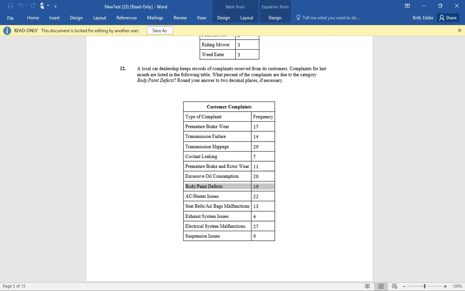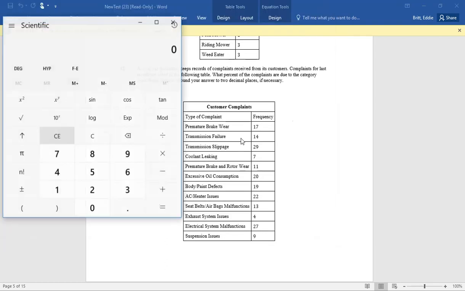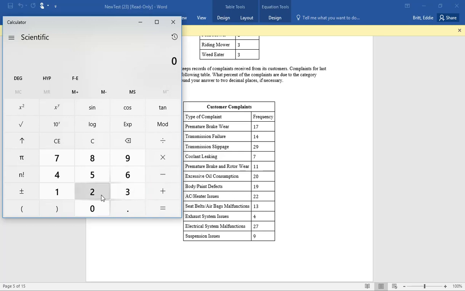You already added them up. It was 192. All right, so if you add all these up, you get 192. And we were looking at the body and paint defects, so it would be 19 divided by 192. Now that gives you the decimal. You change that over to a percentage and round to 2 places.